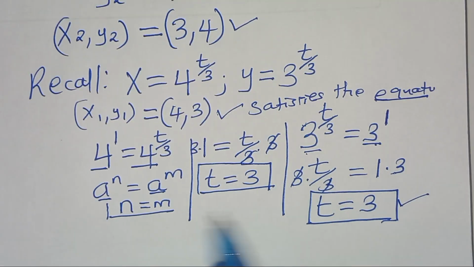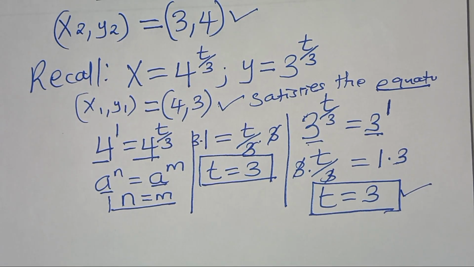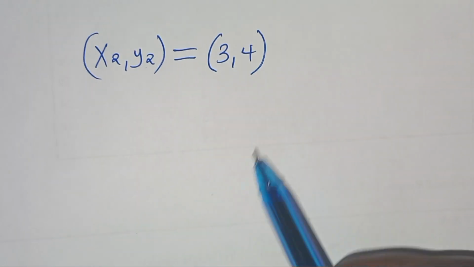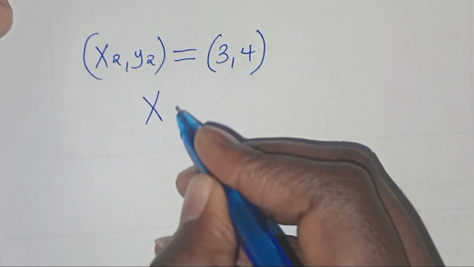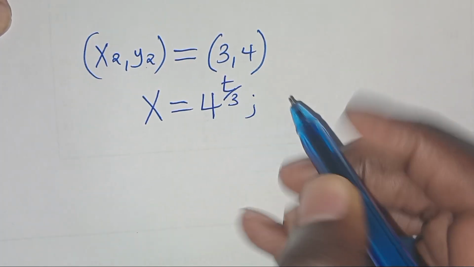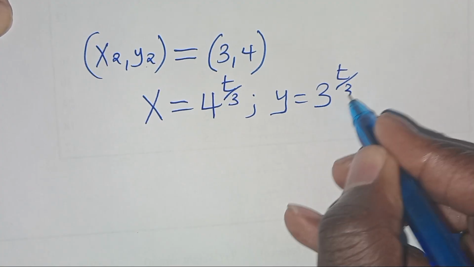Let's check the second set of solution, x2, y2 here, which is 3, 4, given that x is equal to 4 to power t over 3, and y is equal to 3 to power t over 3.